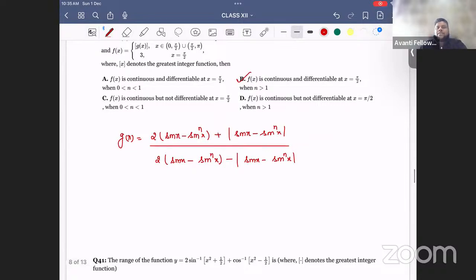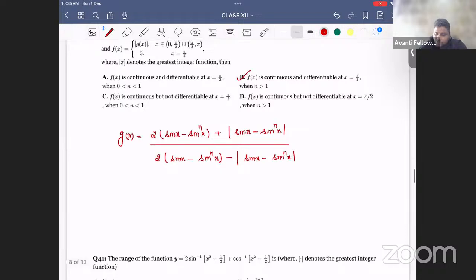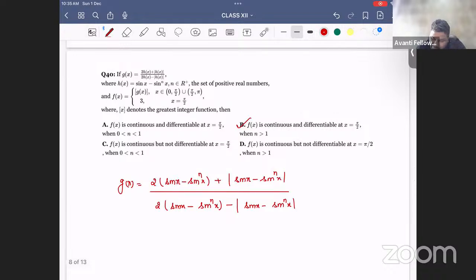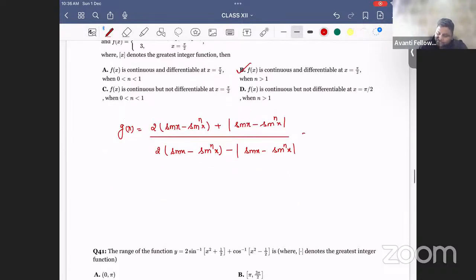Now, let's discuss the behavior of sin x and sin to the power nx. See, if we are in 0 to pi by 2 or pi by 2 to pi, sin x is always less than 1. Now see one thing.